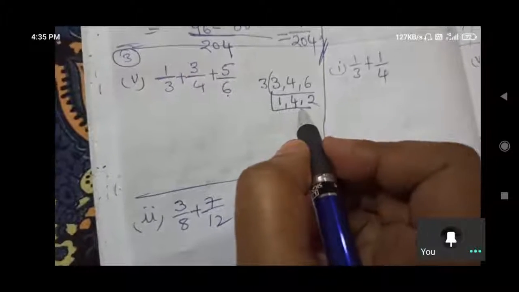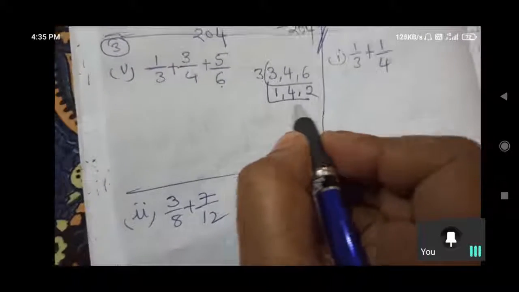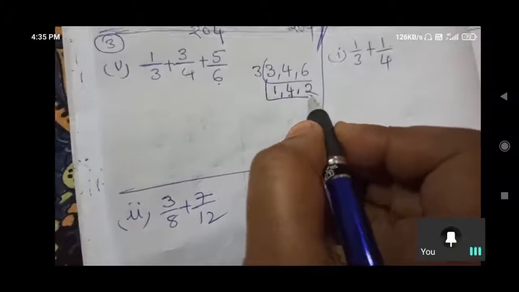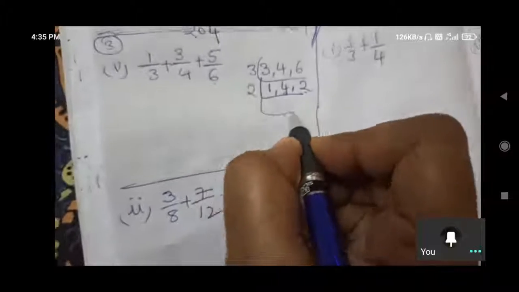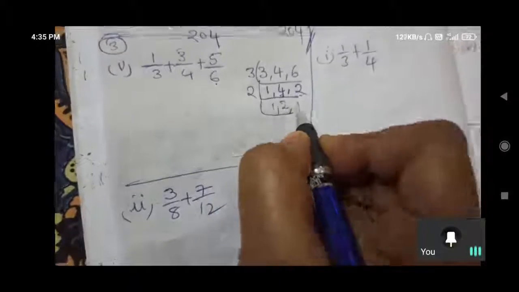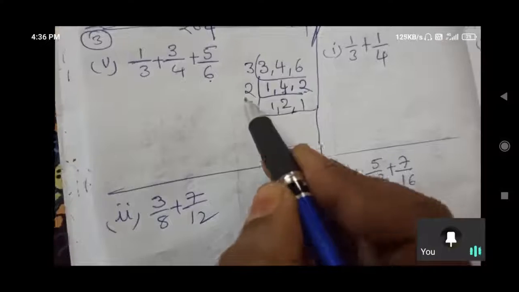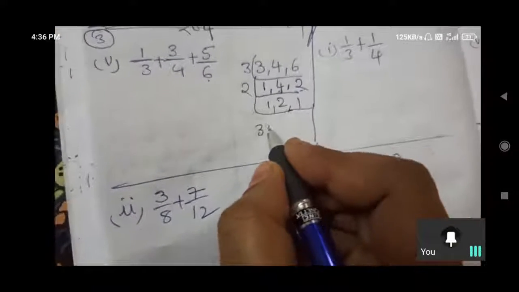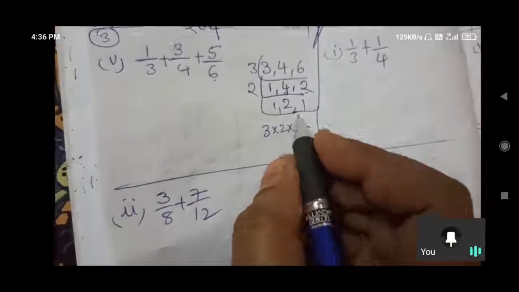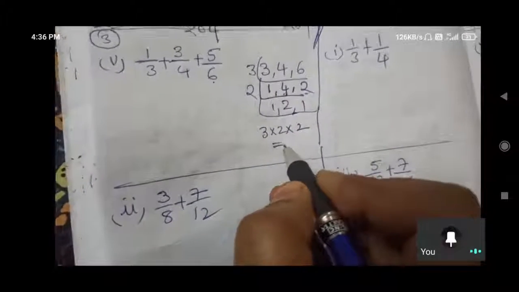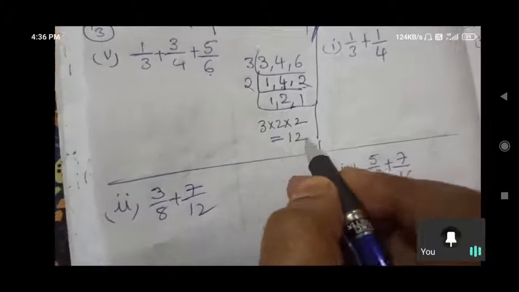Or else with 2 table we can do. These 2 are divisible by 2 table. So 2 ones are 2, 2 2s are 2 ones are. It's enough because except 1 all are prime numbers. So 3 into 2 is the once you can leave. 3 2s are 6, 6 2s are 12. 12 is the LCM here.